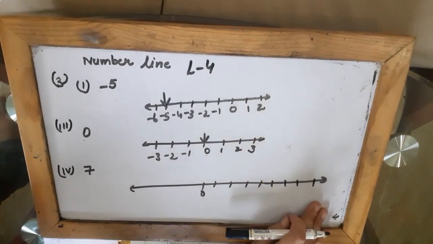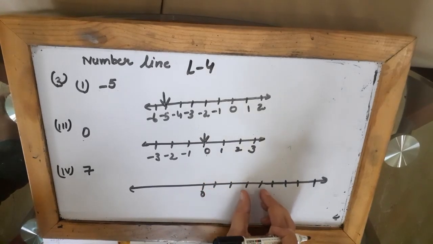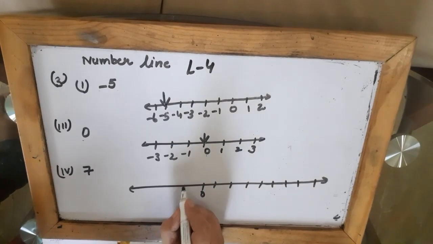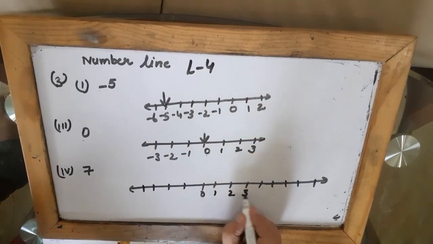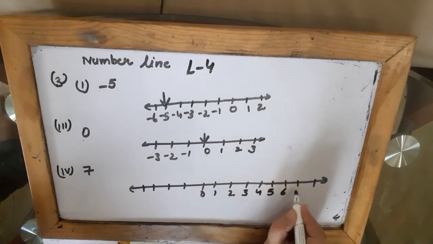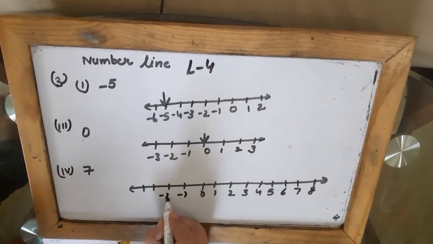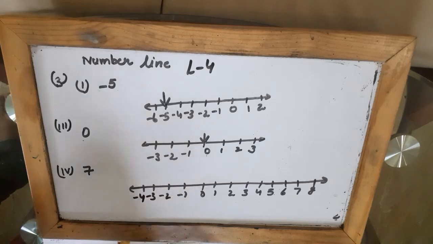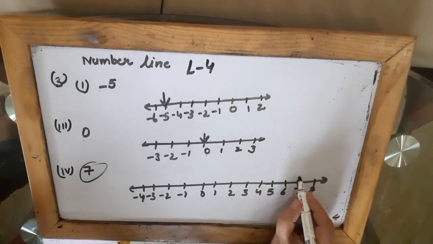Now I am drawing it roughly, but when you draw, see that these markings should be at equal distance. So 1, 2, 3, 4, 5, 6, 7, 8, and here to the left of 0 you have minus 1, minus 2, minus 3, minus 4. Now I have to show 7 and it's a positive number. So it is to the right side of 0.